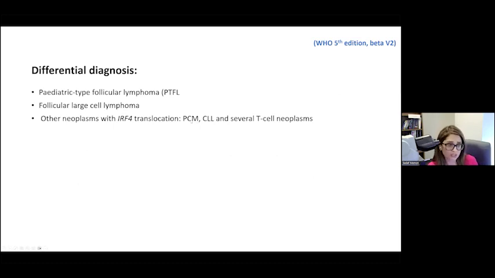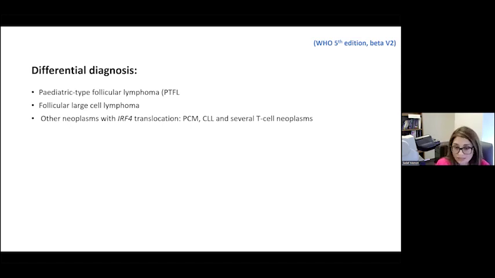So what is the differential diagnosis? We always wonder. Pediatric-type follicular lymphoma, by definition, should lack IRF4 translocation and involvement of extranodal tissue. The other important differential is follicular large cell lymphoma, which usually occurs in adults older than 40 years and might express MUM1, but if you send it for IRF4 gene rearrangement studies, it lacks the IRF4 translocation, so you can exclude it that way.